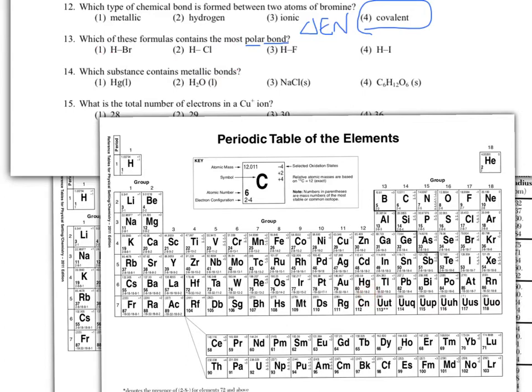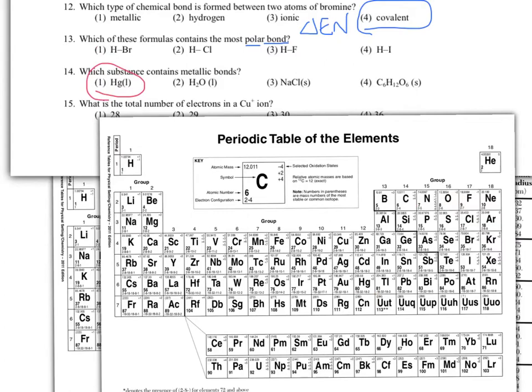So this will have metallic bonds. Now, H2O contains two nonmetals, hydrogen and oxygen. Sodium chloride contains one metal and one nonmetal, making it an ionic bond. And glucose here contains carbon, hydrogen, and oxygen, all nonmetals, so no metallic bonds.